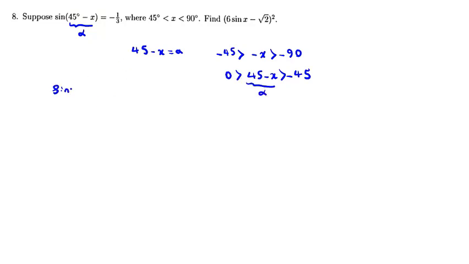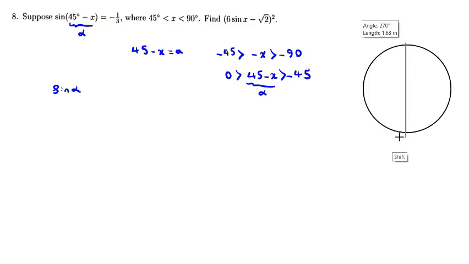Now, sine alpha, if I want to show it on the unit circle, you can imagine. But if you've not solved many problems yet, let me show it here. You see that for this point, sine is negative, and cos alpha is in this area.